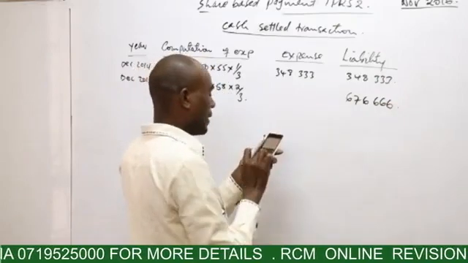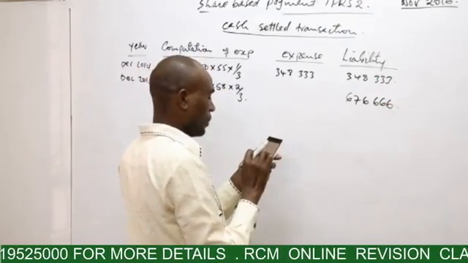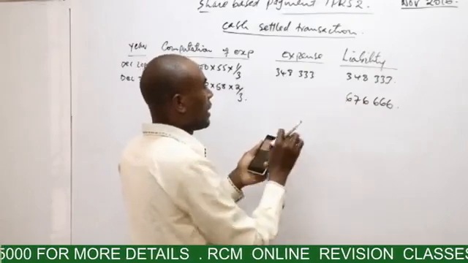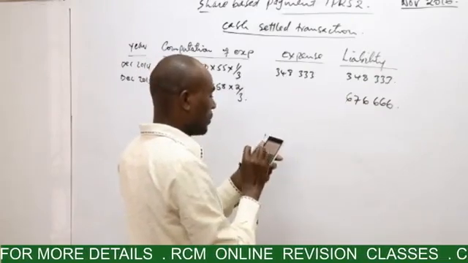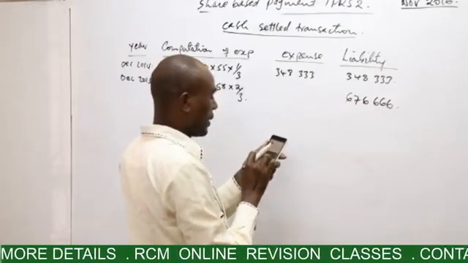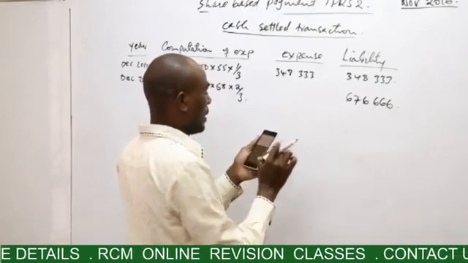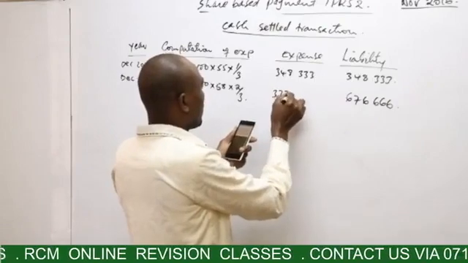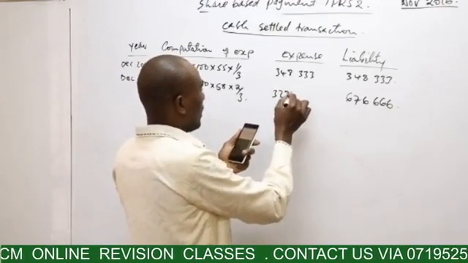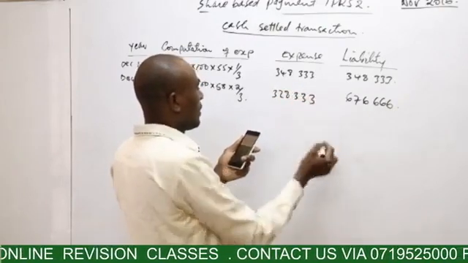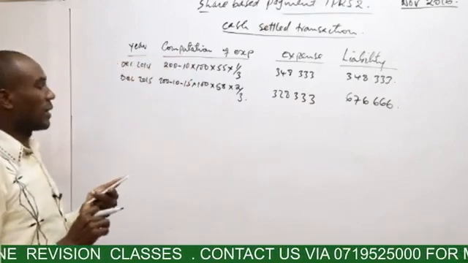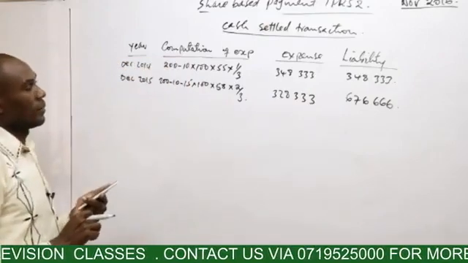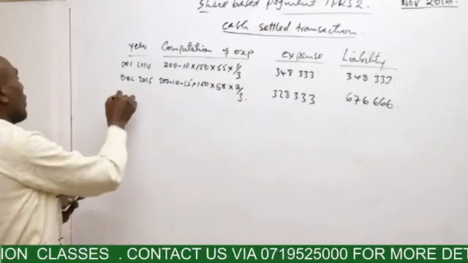Then I get the difference. The difference with 348,333. I'm getting 328,333. Then I come to year 4.